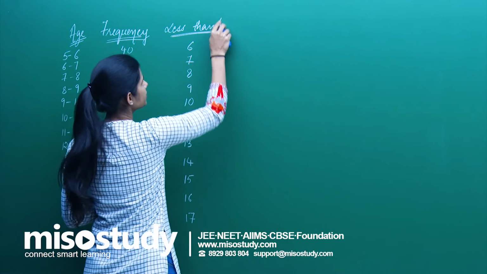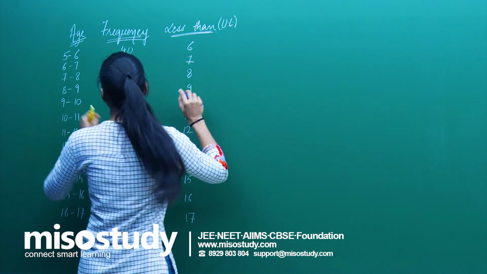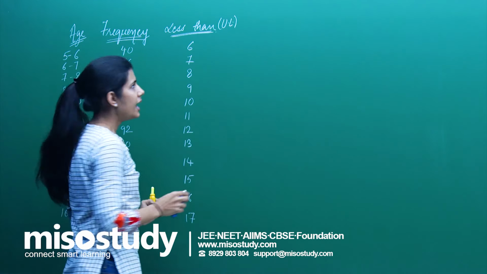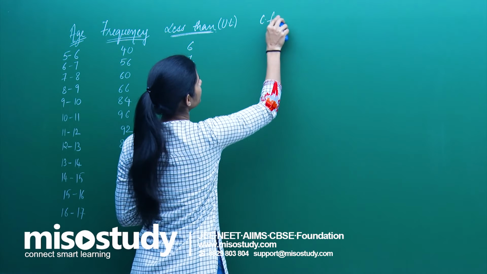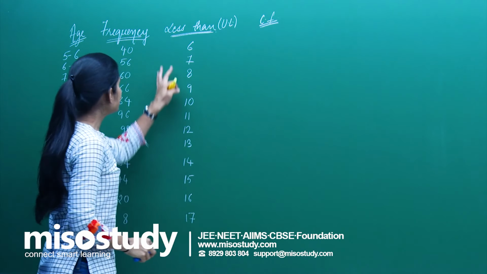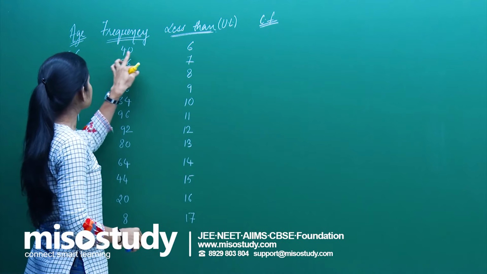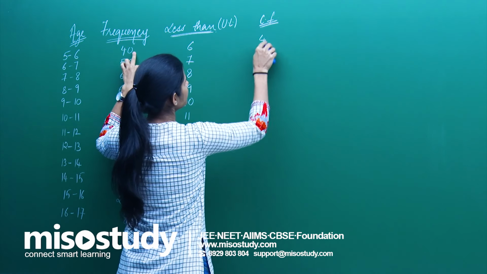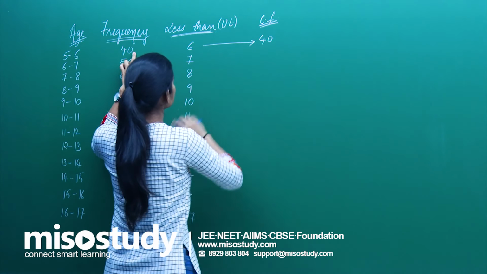Here less than is written with respect to the upper limits. And next you write the cumulative frequencies. So less than 6 are how many? Less than 6 are 40, so you write 40 corresponding to 6.